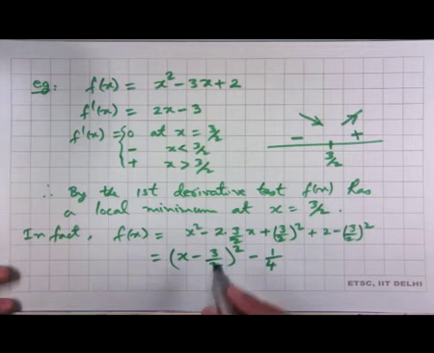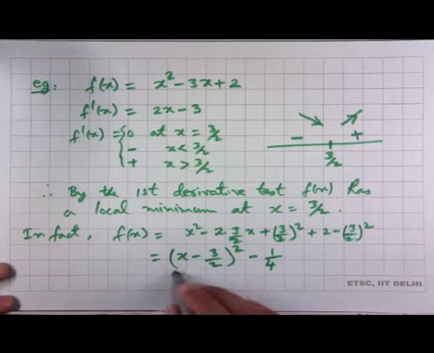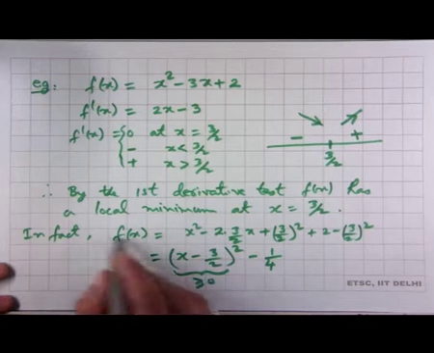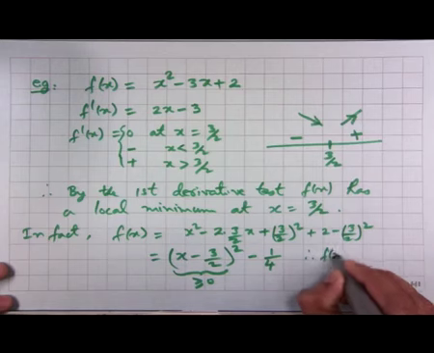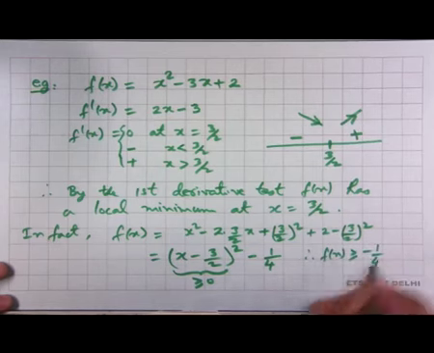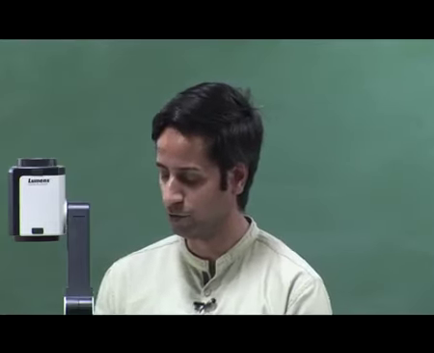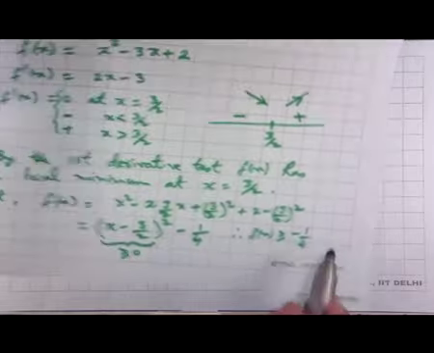So, we see that this x minus 3 by 2 square has to be always greater than or equal to 0. So, this f x has to be greater than or equal to minus 1 by 4, and if I put x equal to 3 by 2, then f x is exactly equal to minus 1 by 4.